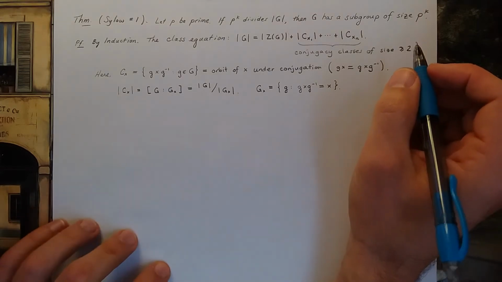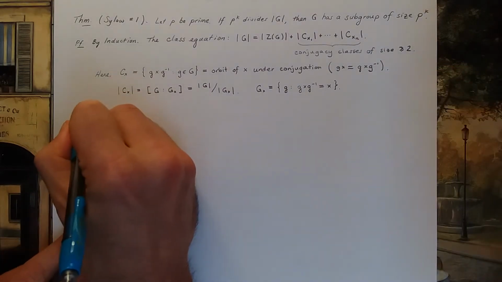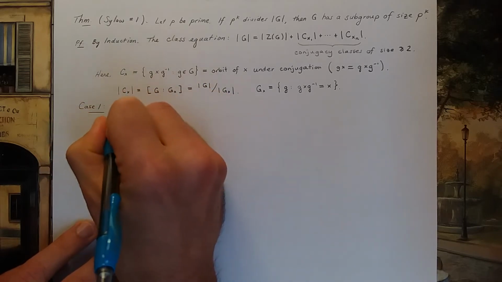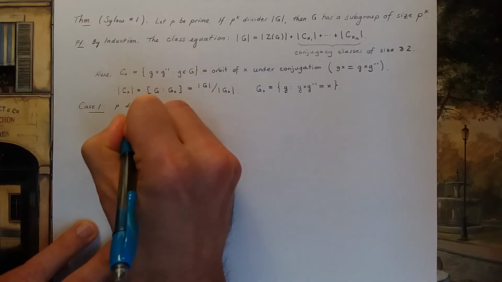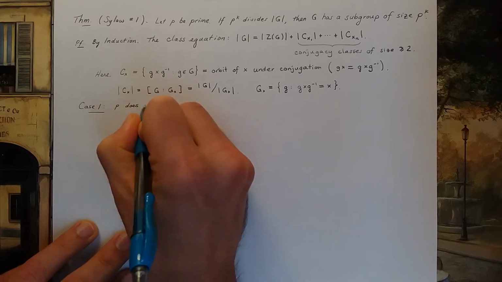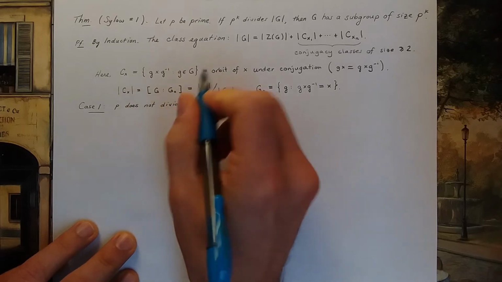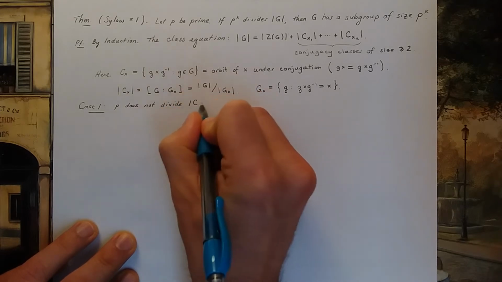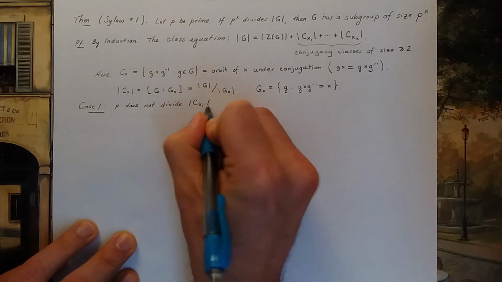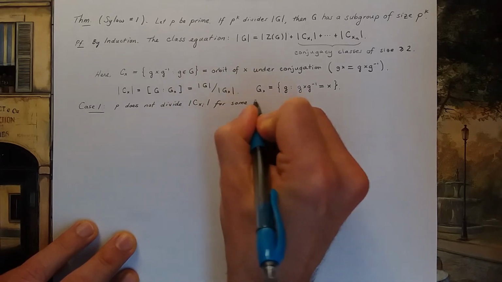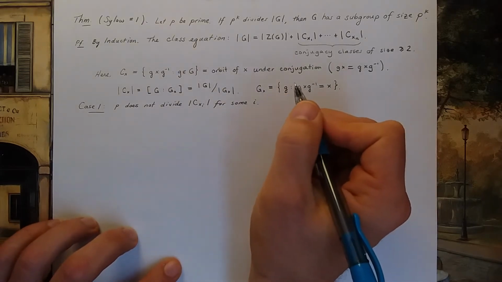Okay, so let's continue with the proof of the Sylow theorem. The proof is broken into 2 cases. Case 1 is p does not divide the size of one of these conjugacy classes.